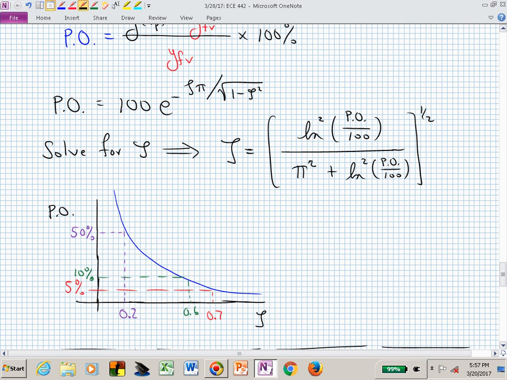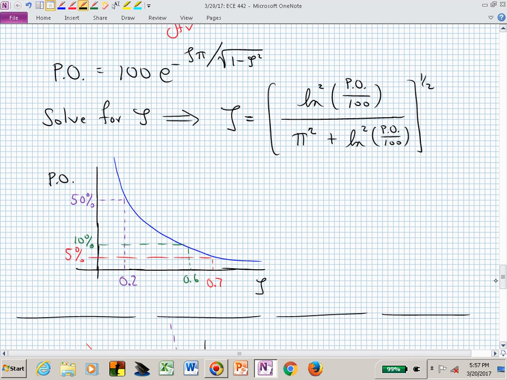But here you can see different connections between zeta values and percent overshoot, or if you don't like these approximations, you can start plugging those values into your calculator and get a particular value for zeta based on the percent overshoot.